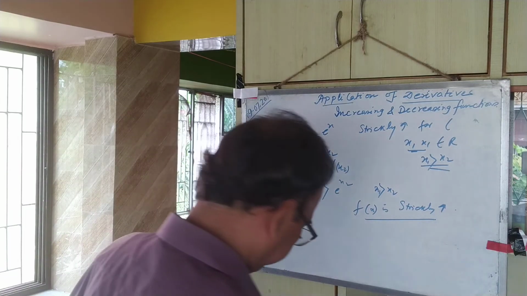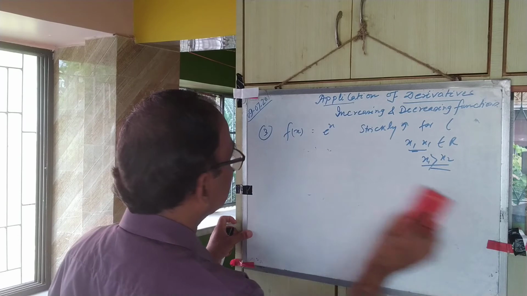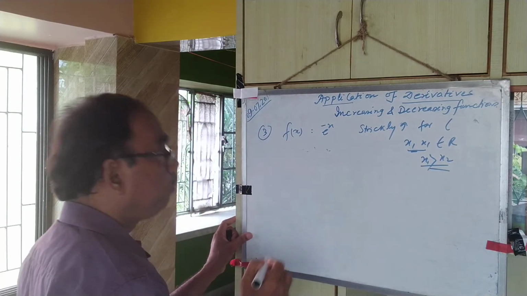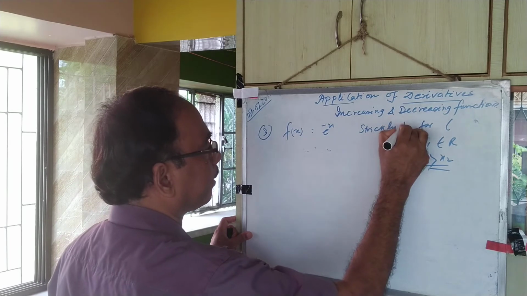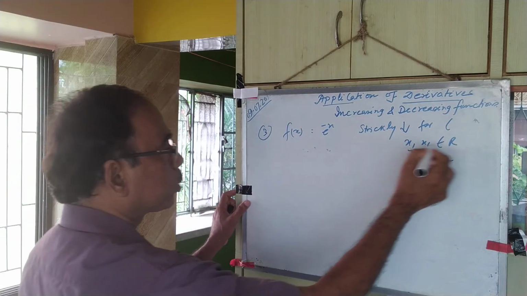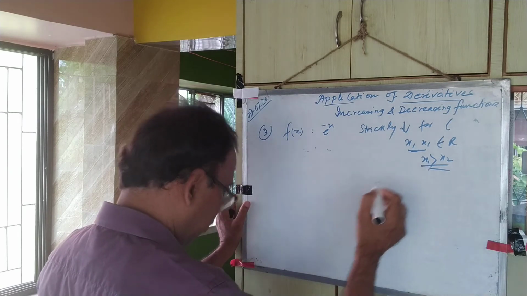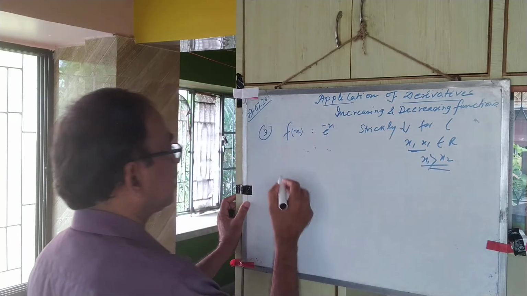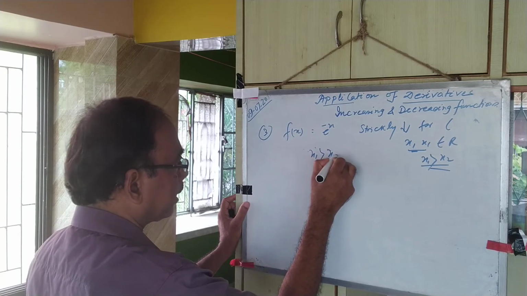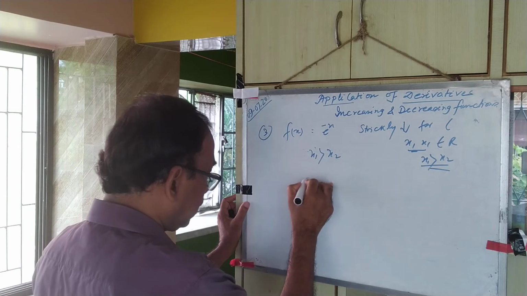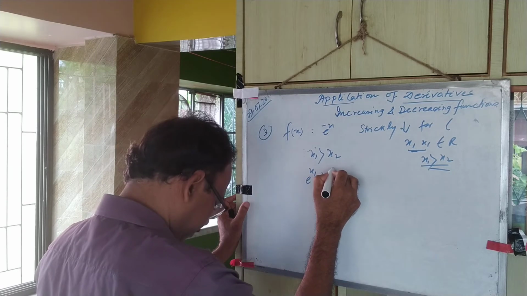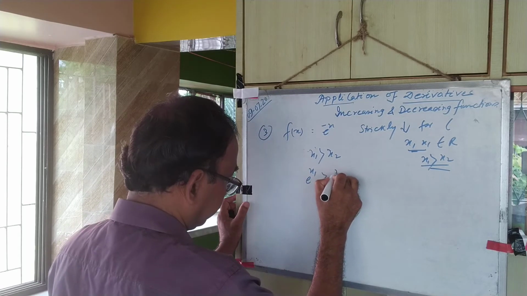For another one, suppose f(x) is e to the power minus x; you have to prove it is strictly decreasing. For x1 greater than x2, we know e to the power x1 is greater than e to the power x2.